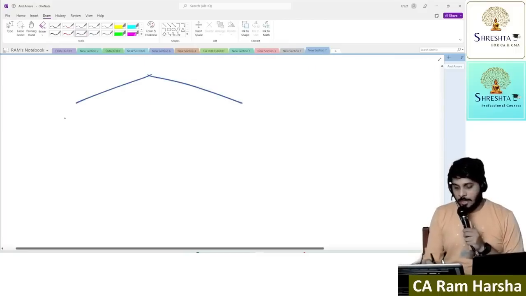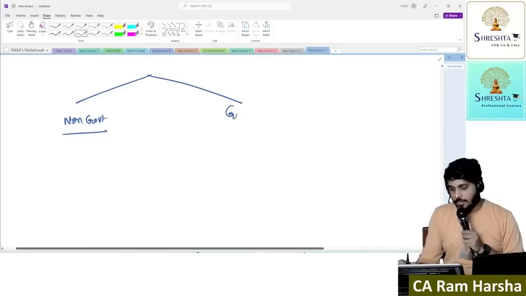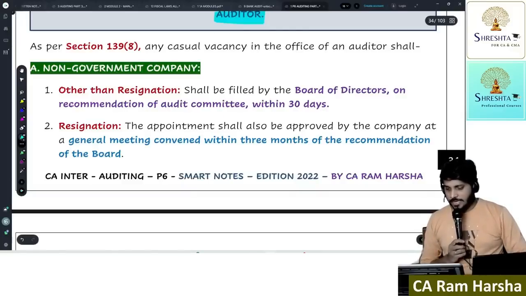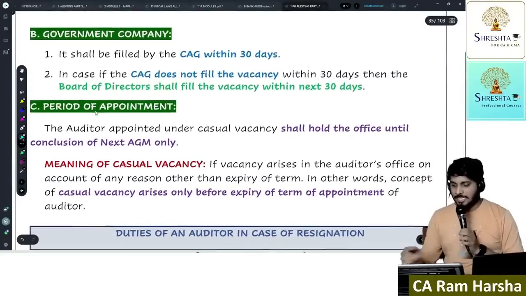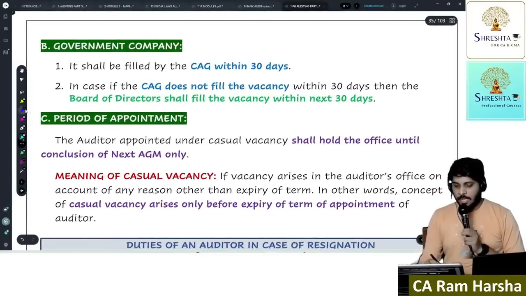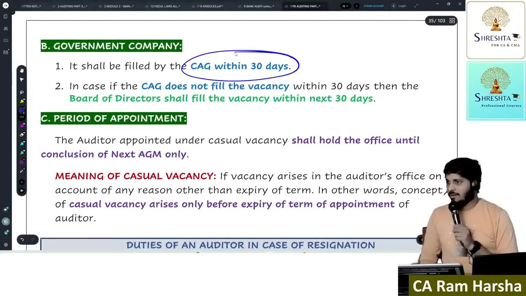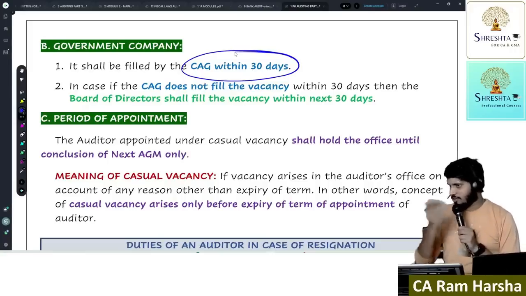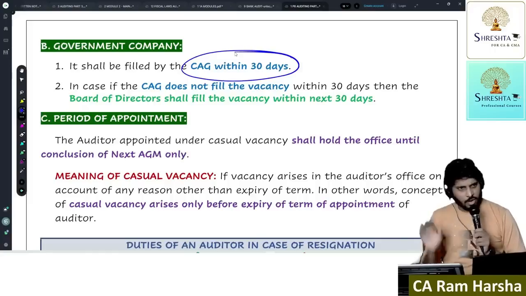Casual vacancy in case of a non-government company, what is the procedure? In case of a government company, what is the procedure? This is the question. Now, in case of a government company, casual vacancy shall be filled by whom? C&AG within 30 days. The auditor left the company. Audit was not conducted. Books of accounts have to be prepared. Books are prepared. Auditor has to conduct the audit. Audit report should be given.